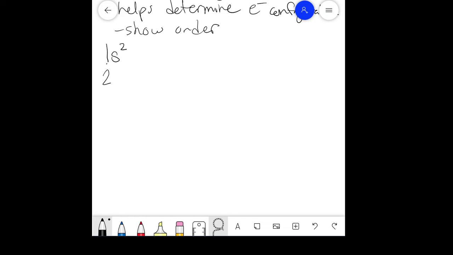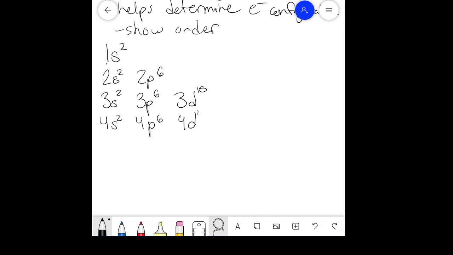The next energy level is 2s2. And then since it has 6 more spots, it's also going to have 2p6. Then you go to 3: 3s2, 3p6, and then you also have 3d10 to get it to that max number.